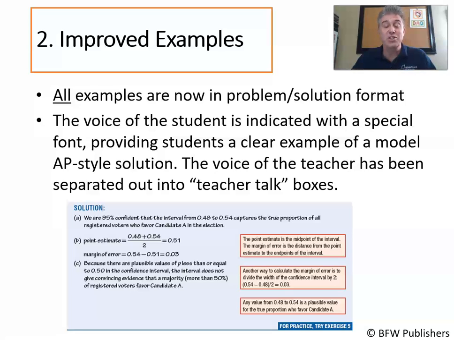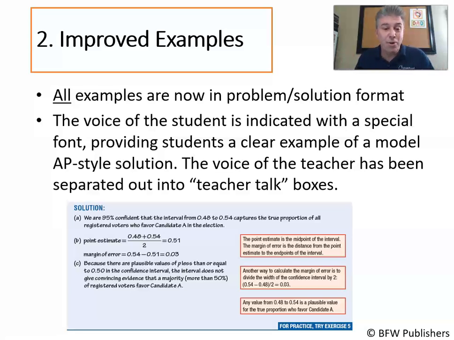And the voice of the teacher has been separated out into teacher talk boxes. You can see an example here on the screen. I didn't show you the question, but it was a 3-part question. You can see that the student solution is over here on the left. And then the little comments that a teacher might want to make, like, another way to calculate the margin of error is to divide the width of the interval by 2, right?